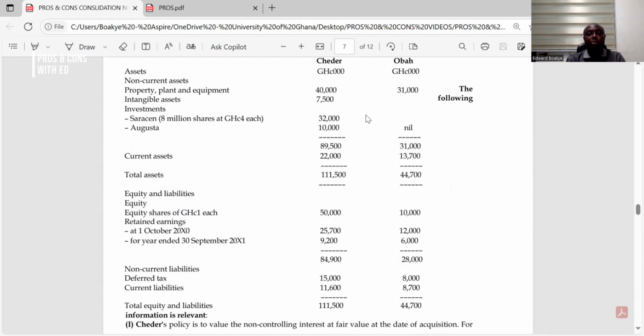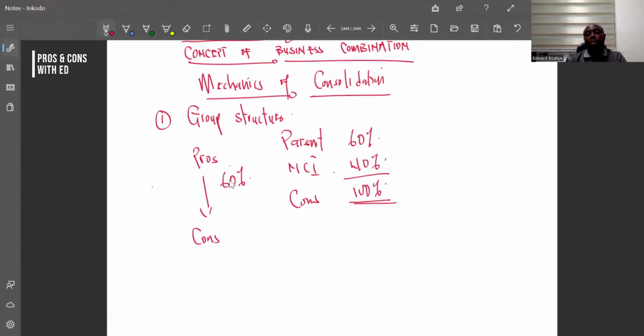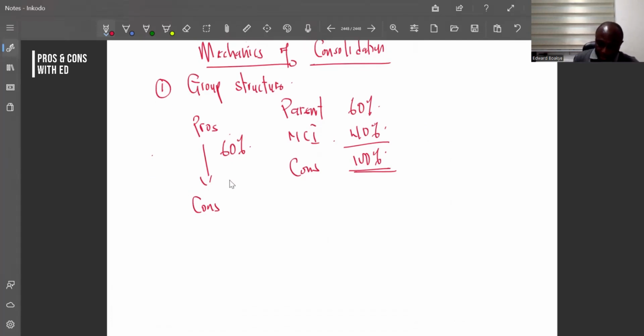So simply put, Cheddar has purchased 80% of Oba. So in this case, we can say that our group structure is Cheddar, who has purchased Oba, 80%. How did we get the 80%?